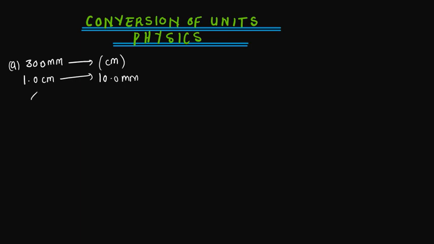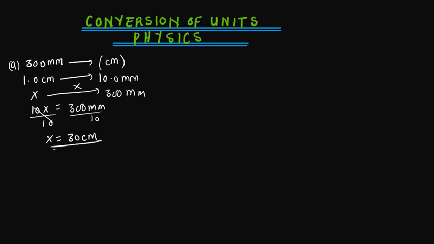From here, we can say x centimeters is going to equal 300 millimeters. You cross multiply, you're going to have your 10x equal to 300 millimeters, over 10, and of course you're going to have 30 centimeters from that. So if you want to convert from millimeters to centimeters, you can use this conversion factor.